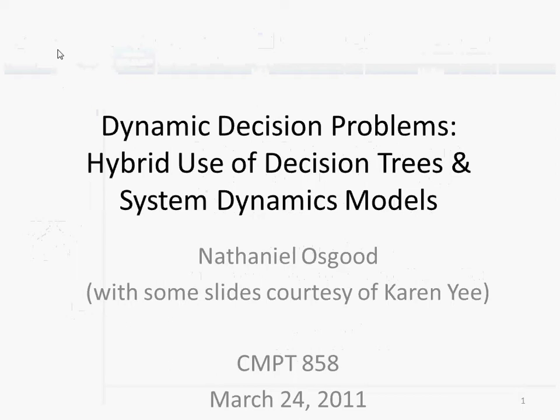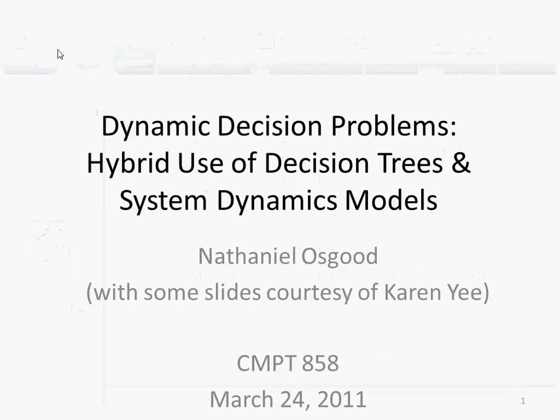And problems of this sort also involve ongoing decision points. We're interested here in a situation where we have uncertainties unfolding over time, playing out over time, and where we have choices that can be made at any point or at different points along this continuum.